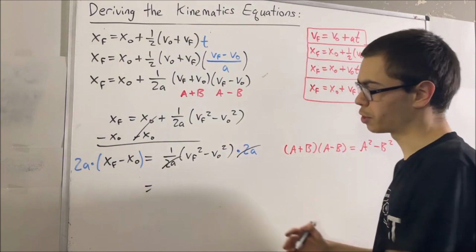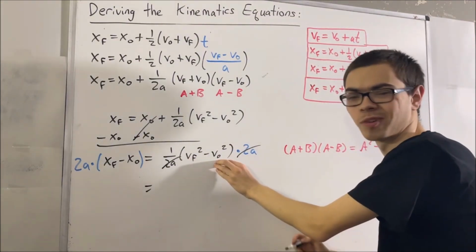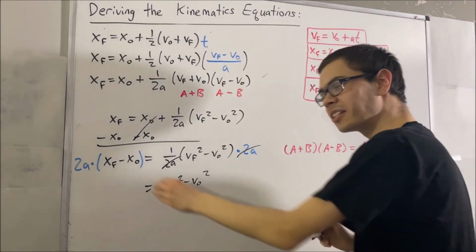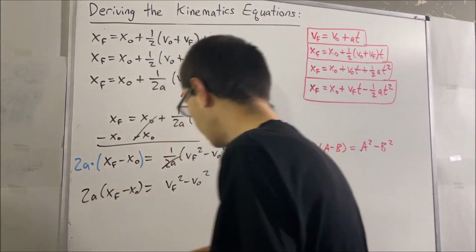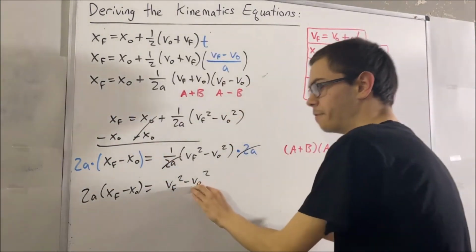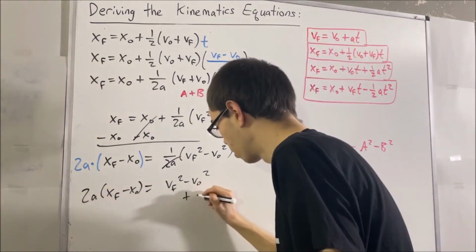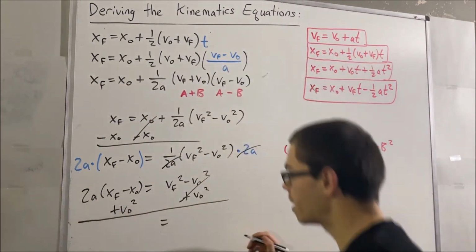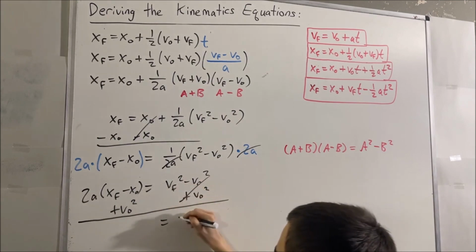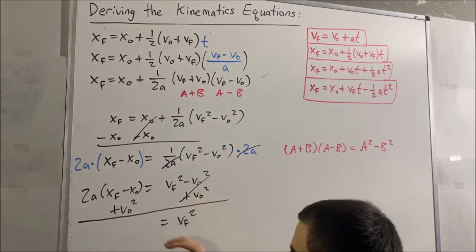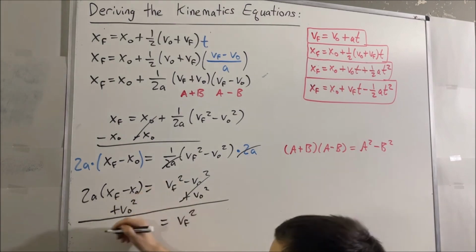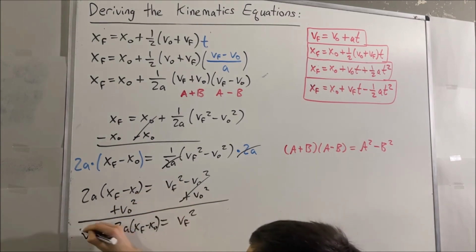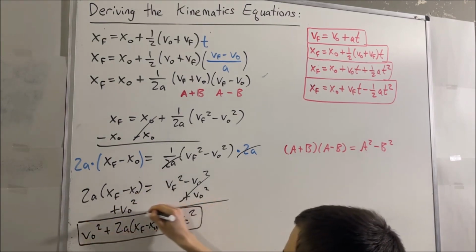So on the right side, we're just left with vf squared minus v naught squared. And on the left side, I'm going to keep this the way it is. And all I'm going to do is add v naught squared to the other side. And so what we have now is vf squared is equal to v naught squared plus 2a times xf minus x naught. So this is actually our fifth kinematics equation.